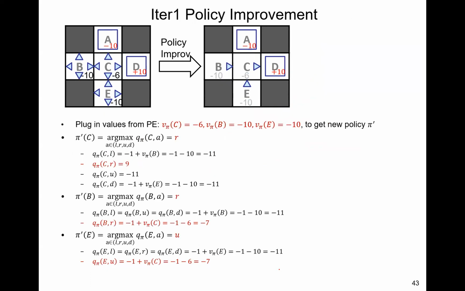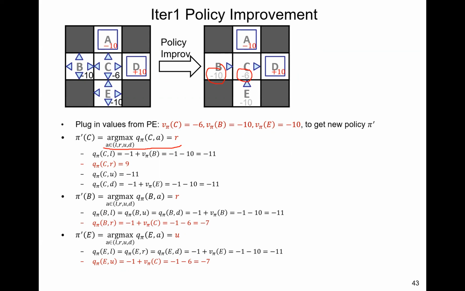And then you perform policy improvement. That is, you take an argmax of the action among the 4 actions that maximizes the Q value function. So notice I put these numbers in a light color because now they're invalid for the new policy.